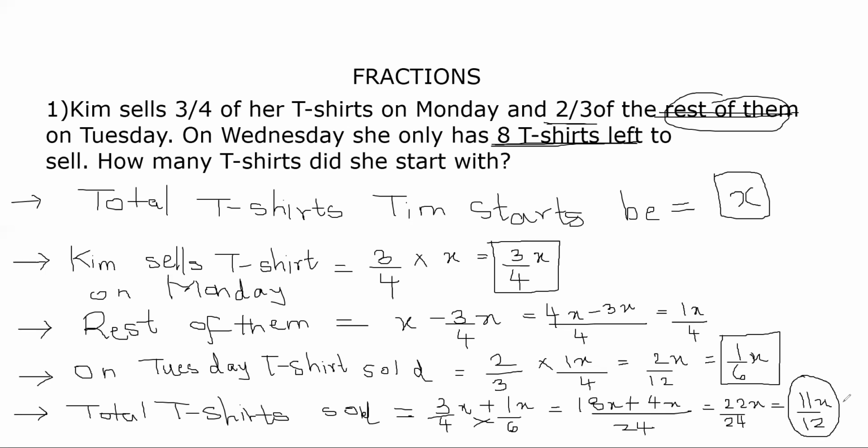So the left number of t-shirts will be how much? It will be the total number of t-shirts, that is x, minus 11x upon 12. Why 11x upon 12? Because 11x upon 12 is the t-shirts she has sold.